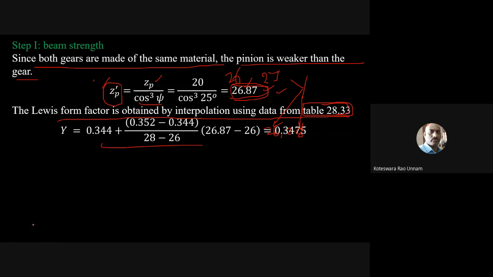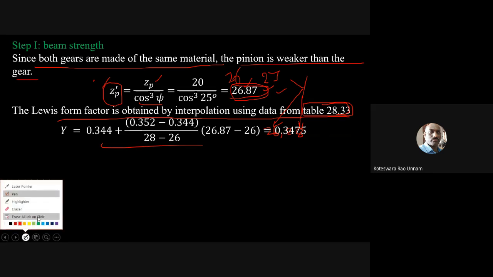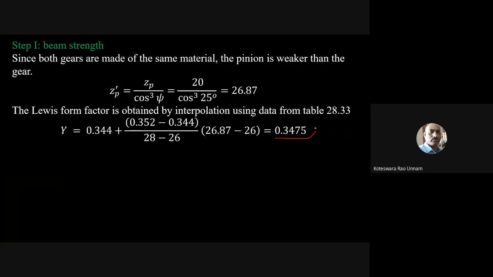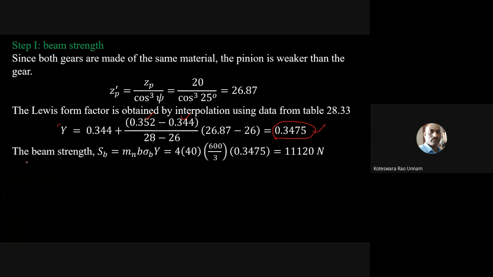If I interpolate between those two values, I get Y as 0.3475. So 0.352 is for 28 teeth and 0.344 is for 26 teeth. Then the beam strength formula is SB equal to Mn into B into sigma B into Y. You know everything: Mn is given, B is given, sigma is given. Y is just calculated, so substitute that into this formula and you will get the beam strength.